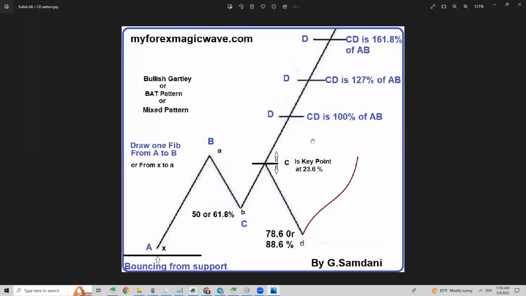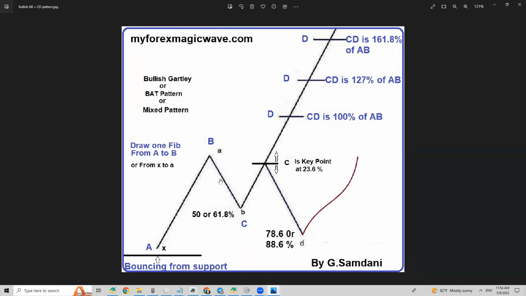For example, this. Now, you have a move from A to B, right? So it usually retraces to one of three levels, basically. Either it will retrace 50% and bounce, or it will go down all the way to 61% and then bounce, or it will go all the way to 78% and then bounce.